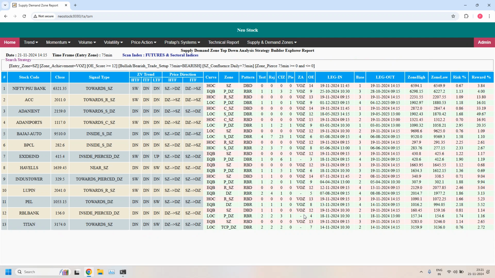In all these 13 stocks, the 75 minutes entry zone is part of the daily supply zone, and daily trend is down in all these stocks because it is a bearish trade setup. That is the ITF trend. So if the daily supply zone, because the 75 minute supply zone is part of the daily supply zone, is having daily EMA confluence, they are even more high probability trade setup supported stocks.